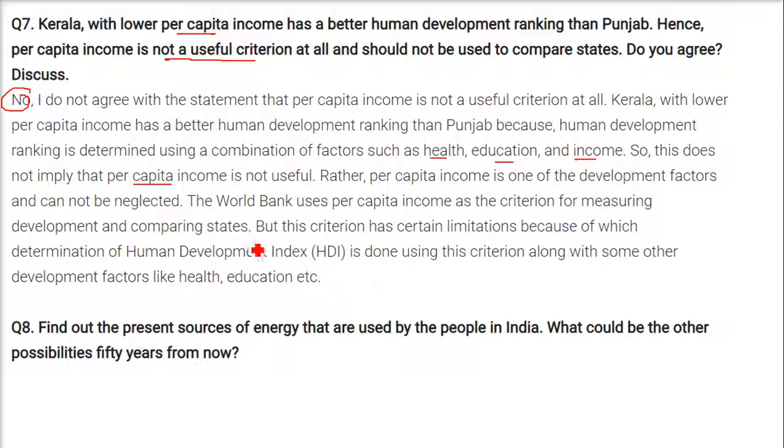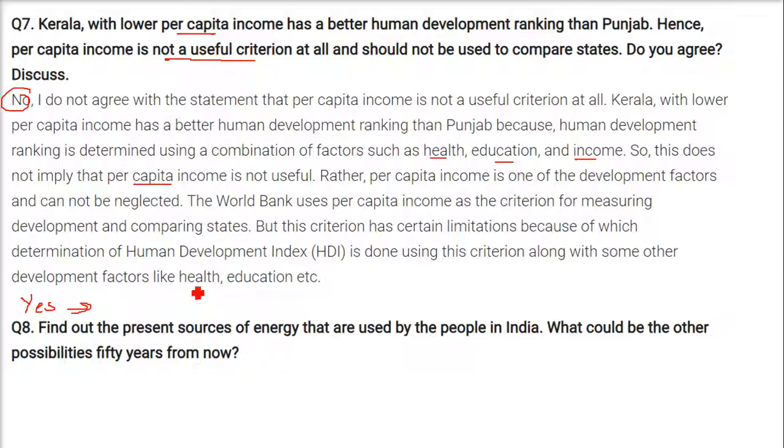Now, if you agree, then what you have to say. This criterion has certain limitations because the determination of HDI is done using this criterion along with other development factors like health and education. If you agree, you say that per capita income cannot be the sole criterion for finding out the situation of the country, because a country may be earning well.